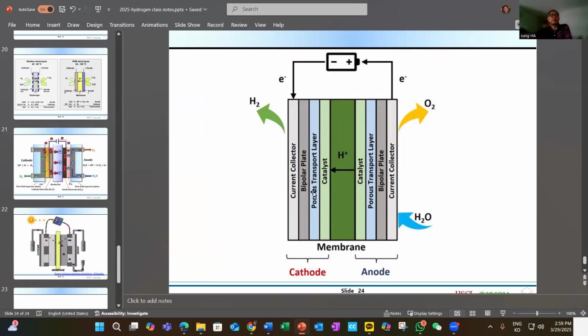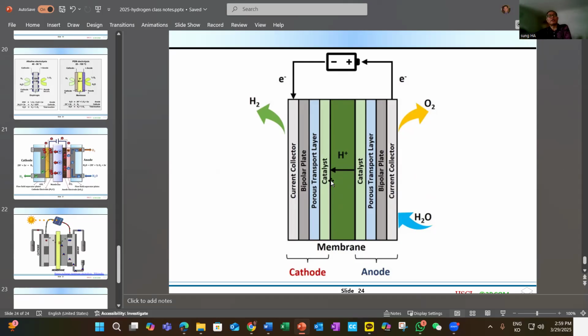You remember, you start with the aluminum, which is a current collector, and then a plate and some transport layer, catalyst, and then a membrane. You remember, you have a multi-layered structure, and from this side you can have this sequence again. So here, this is the anode side, and then we can have the membrane, and then a cathode, and then a membrane and cathode, and so on.